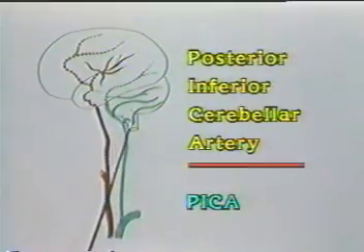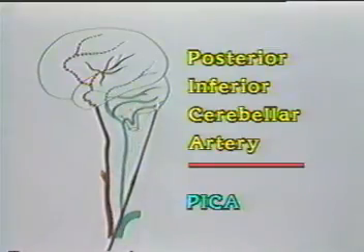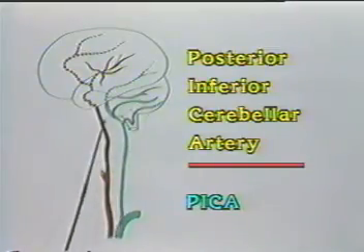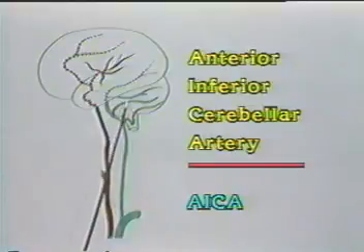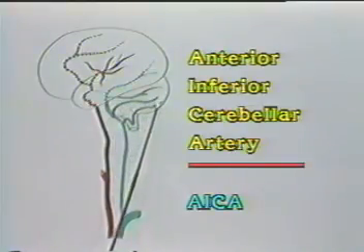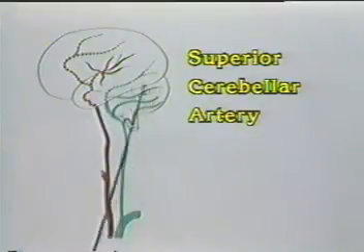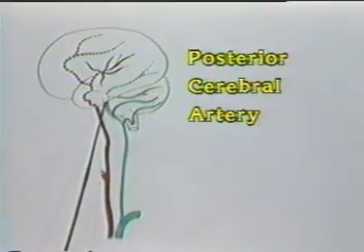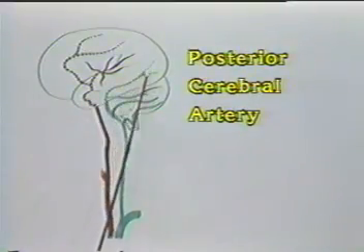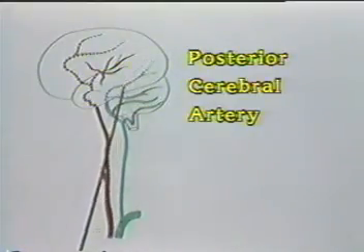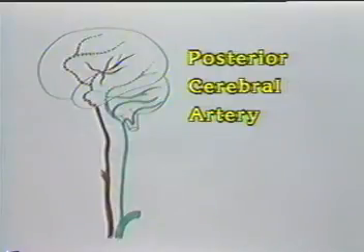The four large branches of the vertebral system are the posterior inferior cerebellar artery, PICA, the anterior inferior cerebellar artery, AICA, the superior cerebellar artery, and the final large branch, the posterior cerebral artery, which supplies the caudal part of the hemisphere with blood.